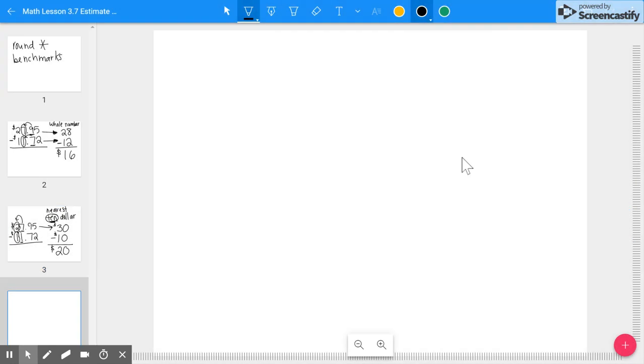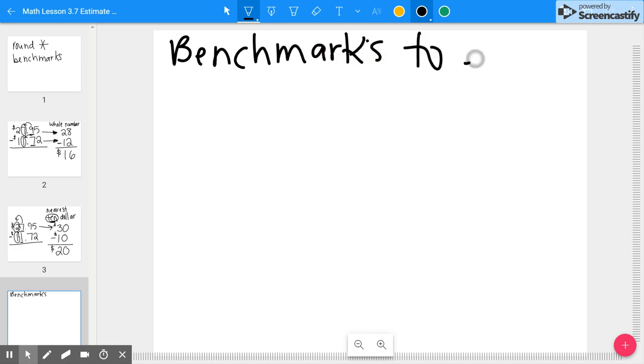Now, you might be asked to estimate using benchmarks. Use benchmarks to estimate. If it says this, I want you to think of money.